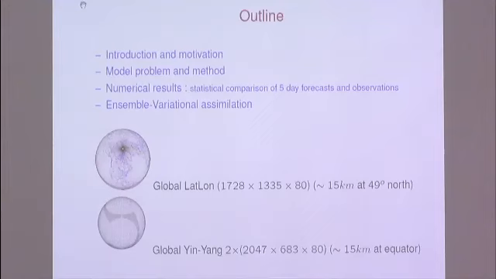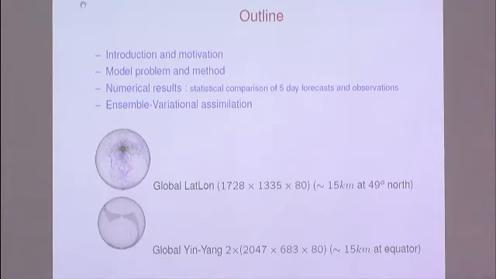So for this work, I will compare two systems, global and Yin-Yang, with those resolutions: 15 kilometers at 49 degrees north latitude for the global, and 15 kilometers at the equator for Yin-Yang.